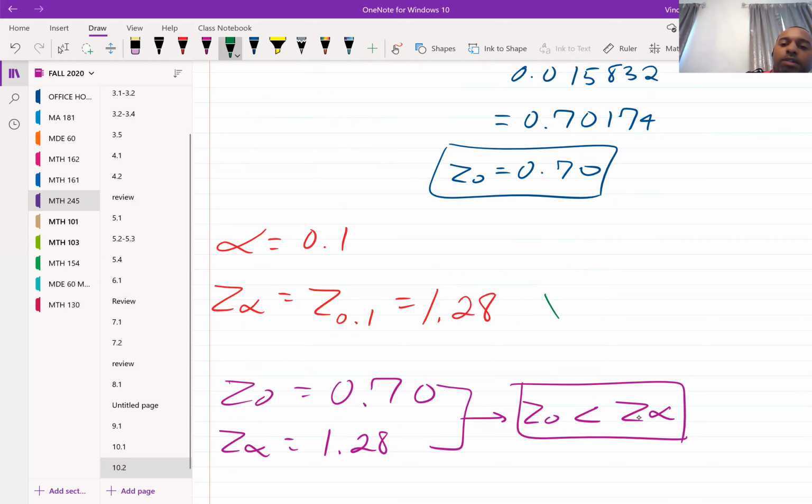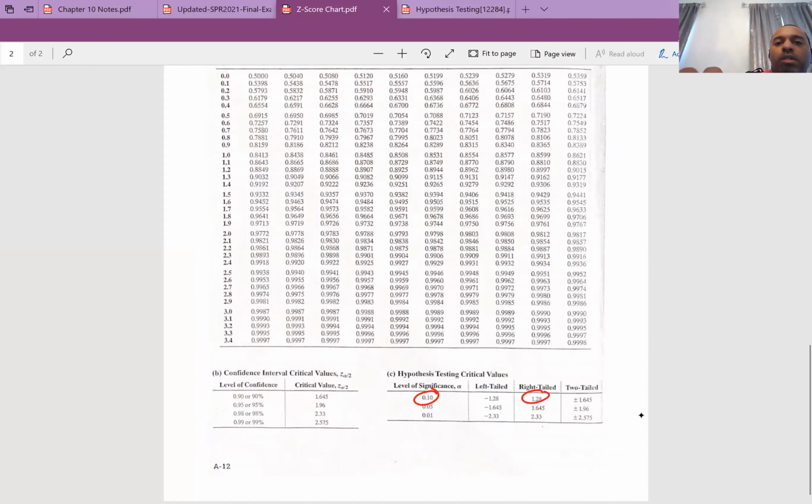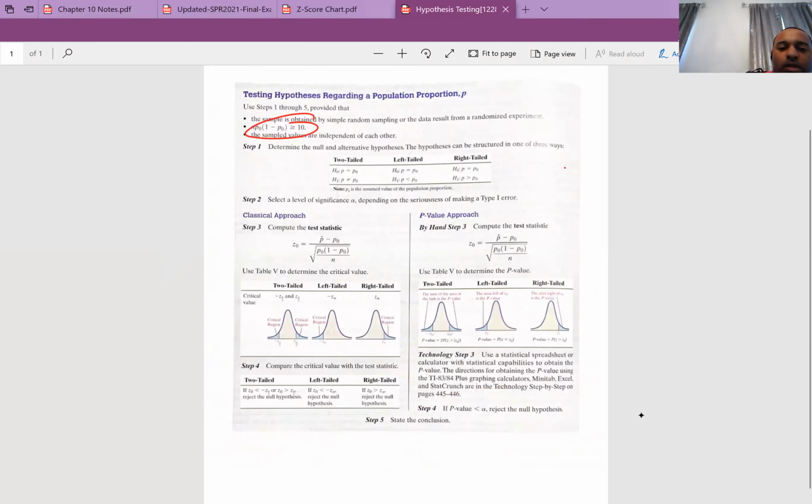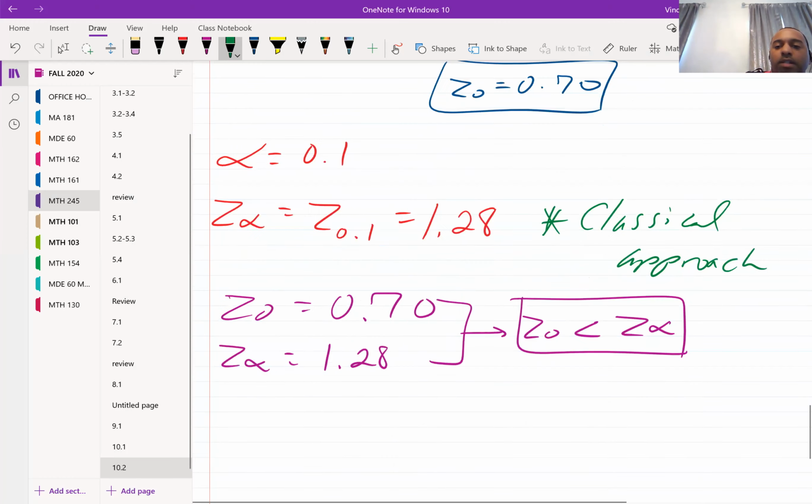And I should have notated this was the classical approach. All right, so we're using the classical approach. It says for right-tailed, if your Z naught is greater than Z alpha, you reject the null hypothesis. Here Z naught is less than Z alpha.